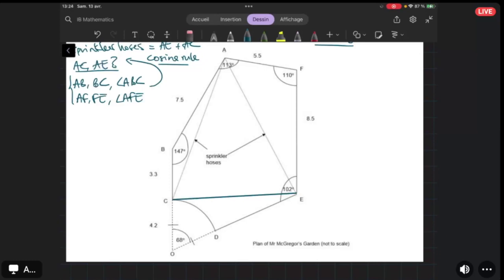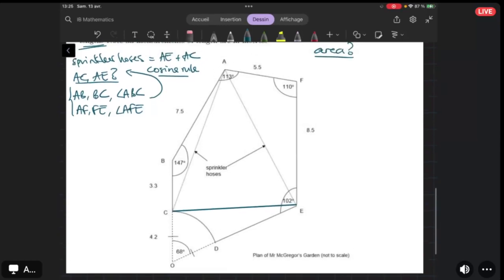How do we want to divvy it up? Thoughts? Simplest way I could think of: total area. That's the area of ABC plus the area of AEF plus the area of ACE plus the area of OCE. Remove the area of the sector OCD.